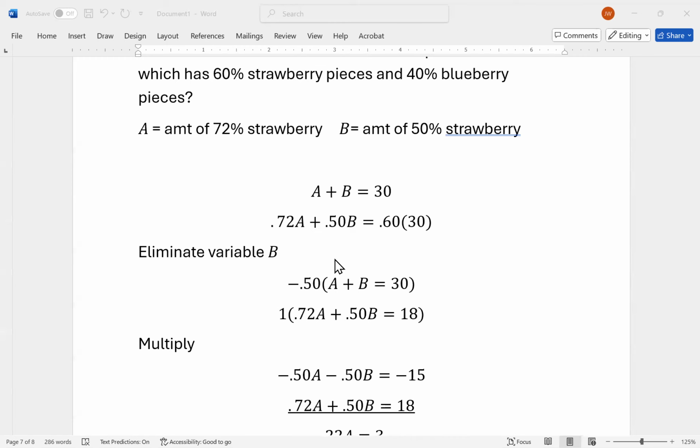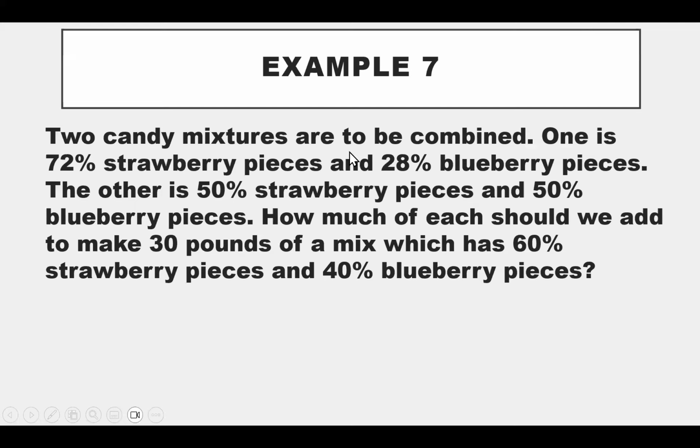When we don't get nice answers, we can still get answers. If I were to graph these two equations, I might not be able to see exactly where they meet up, especially if I did that by hand. So that's how we can do these mixture problems with percentages.